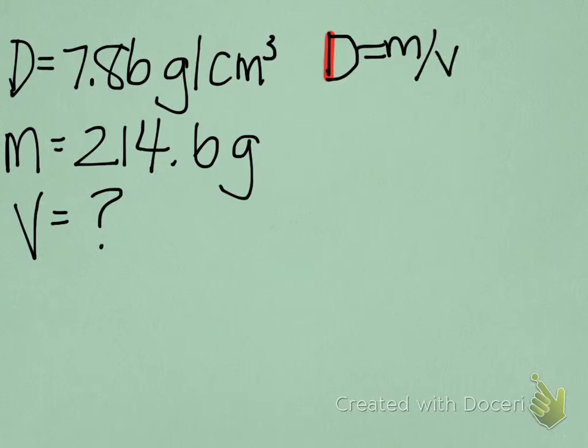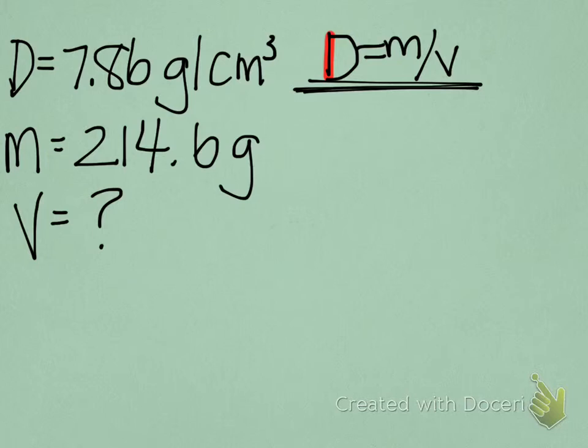Now, my suggestion, there are a lot of people that try and memorize the different equations for the different variables. Just memorize this and then rearrange it. It's much easier and you're not going to get yourself confused. Okay, so just learn one equation and then rearrange it from there.